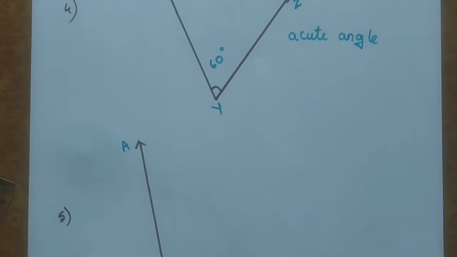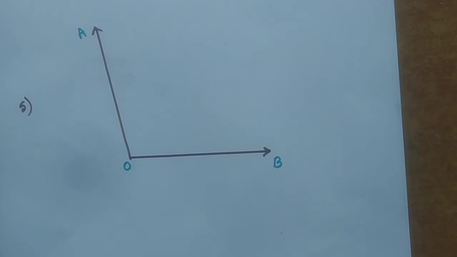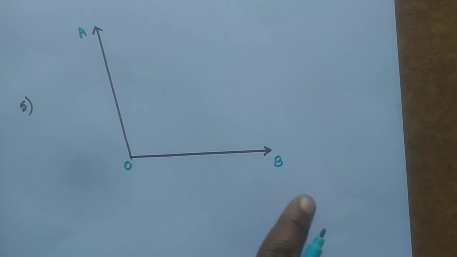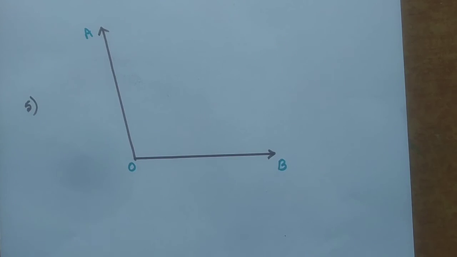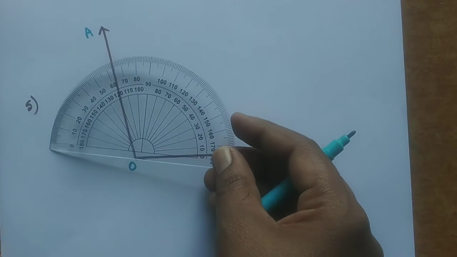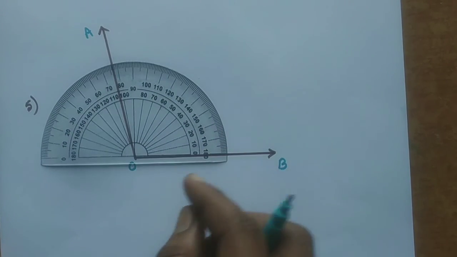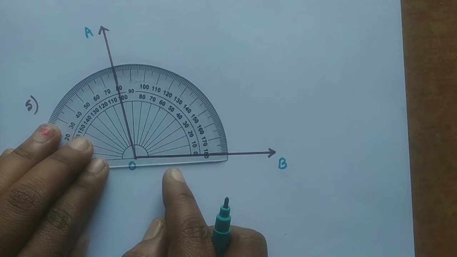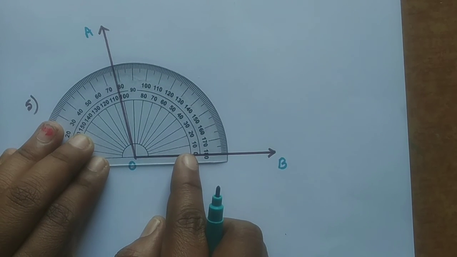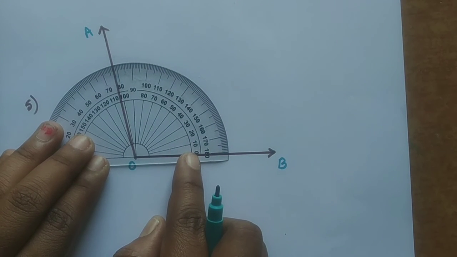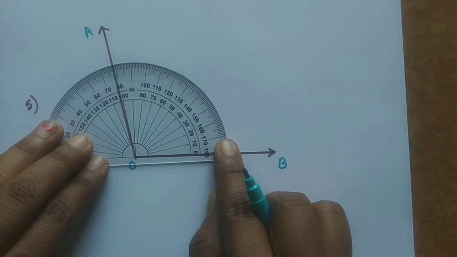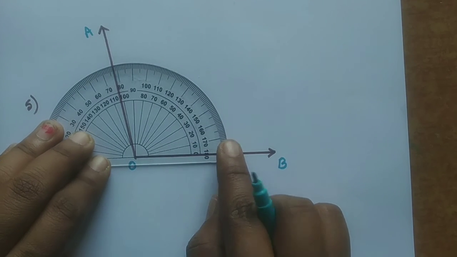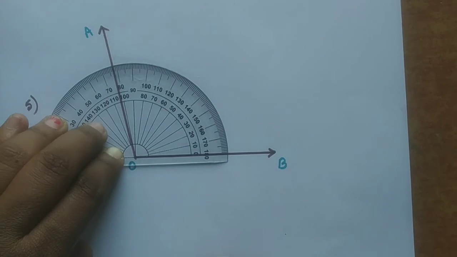The next figure we are going to measure. That is AOB. The two sides are AO and OB. So protractor: the center of the protractor must coincide with the point O, and the base of the protractor coincides with the OB ray.